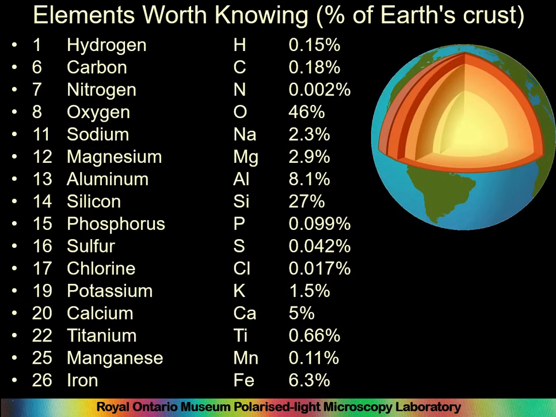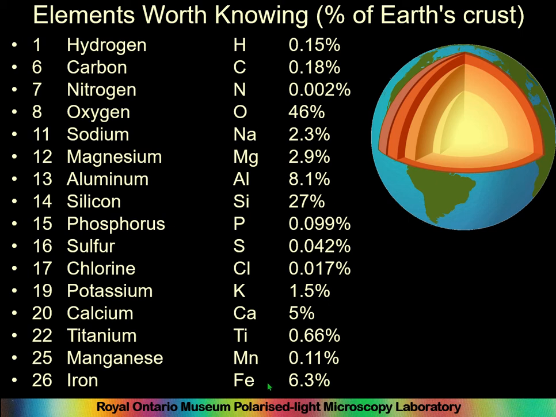Here are some of them, and the ones that we'll be interested in will be the ones which have high numbers. Oxygen. You may think, well, oxygen isn't very big in rocks and minerals. Well, actually it is, especially found with silica. Silicon quartz is SiO2, so silicon and oxygen.